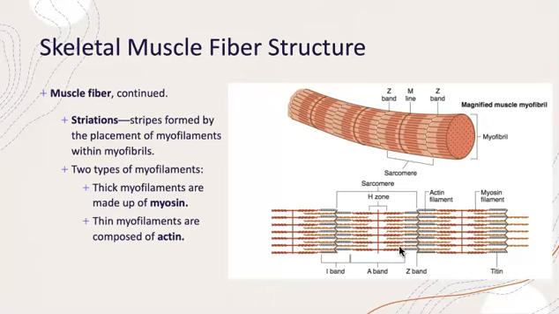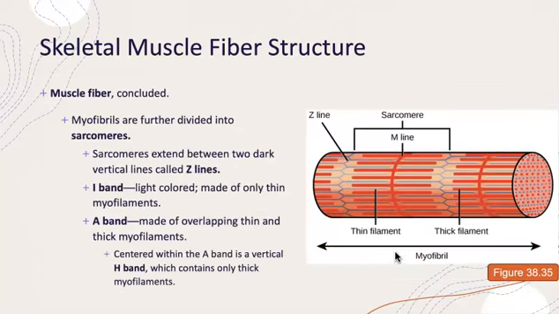Whereas the A band, which we see pictured over here, is going to be called the dark band. And this is called dark band because of the overlapping of our actin myofilament over the myosin myofilament, and therefore it appears darker.